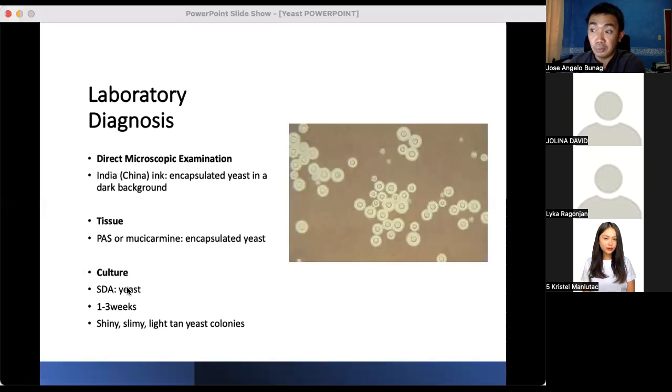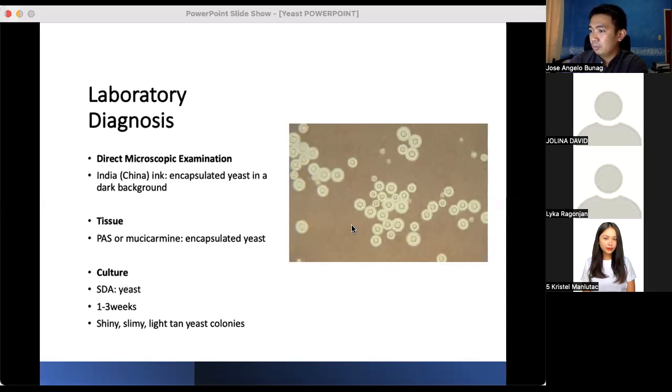It takes 1 to 3 weeks, which is quite long. Fungi take a while to grow. They have shiny, slimy, light tan yeast colonies. Please take note that media with cycloheximide inhibits Cryptococcus and must be avoided. Let us avoid media that have cycloheximide because they inhibit Cryptococcus.